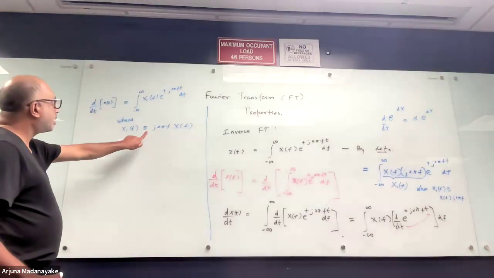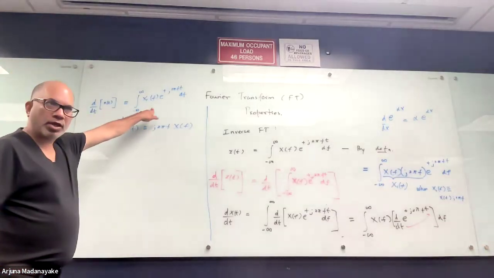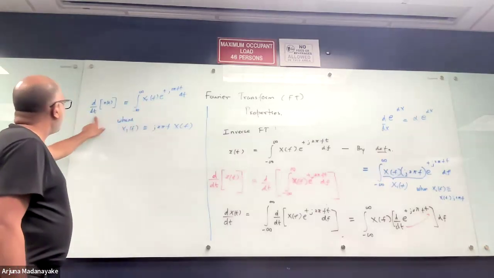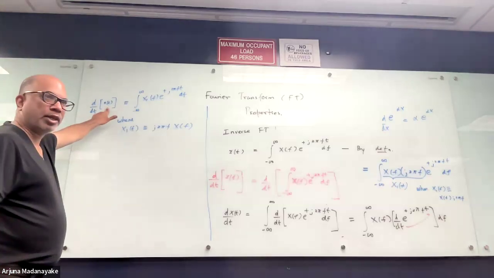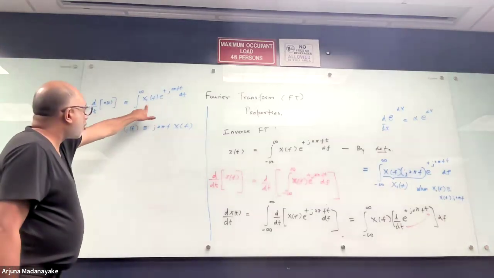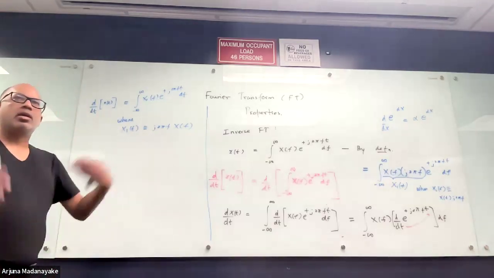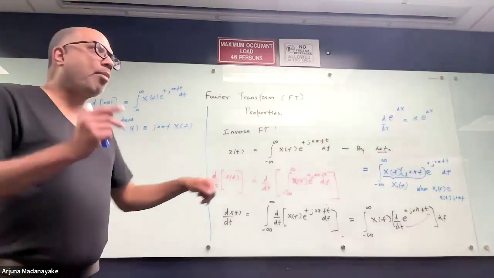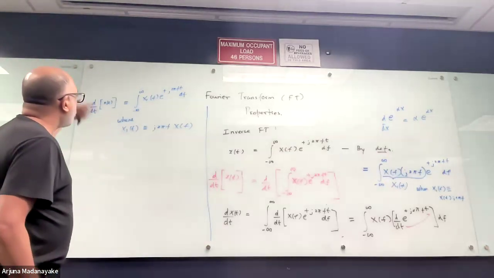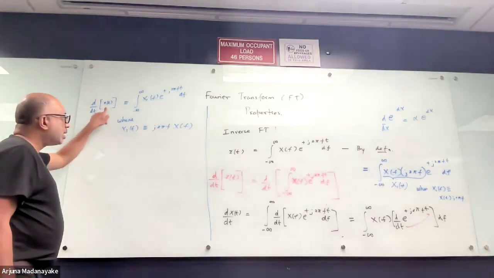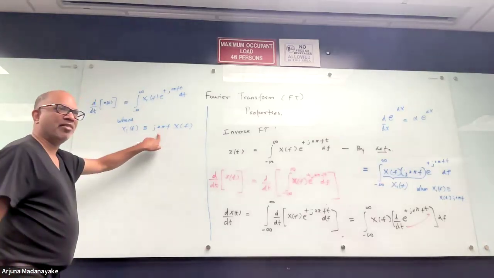So what we are saying is that this is an inverse Fourier transform, right, of x1 of f, and it gives d over dt of x of t. But x1 of f is j2 pi f times x of f. So it's a little convoluted, but if you think about it, what it's really saying is that the Fourier transform of d over dt of x of t is x of f times j2 pi f.